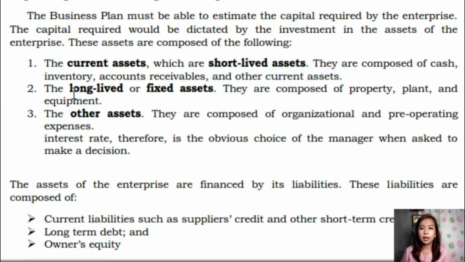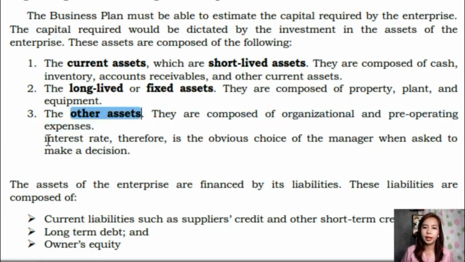Next is the long-lived or fixed assets or the non-current assets. So, these are composed of, ayan, yung mga nagtatagal. Sana all nagtatagal. Char! So, yung mga nagtatagal dun sa inyong company na nakakatulong sa pag-operate ng inyong business. Okay, so ayan. Ito yung mga other assets.